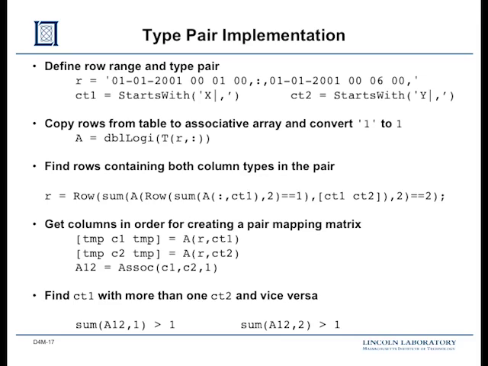You can always use the find command around any associative array, just as you can in normal MATLAB matrices, and that will return the triple. The advantage of doing it here is that it's faster, because when we do the query internally we actually get the triples and then convert them to an associative array.